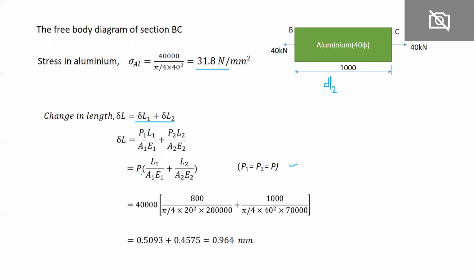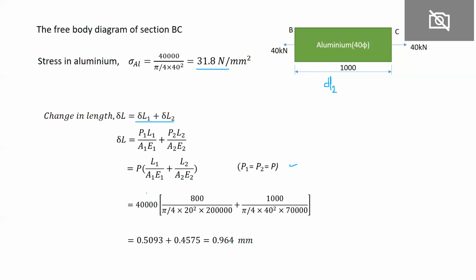P you take common for simplification of calculations. L1, the length of the members are different, so you retain L1 as it is. Cross-sectional area is also different, and Young's modulus is also different. So therefore, L1 upon A1 E1 plus L2 upon A2 E2. This is also the same for the second member. Now we substitute the corresponding values here.